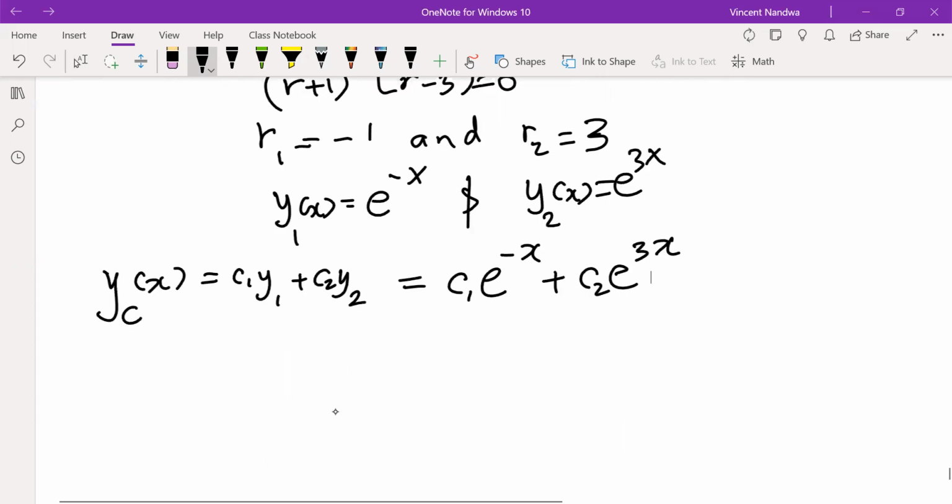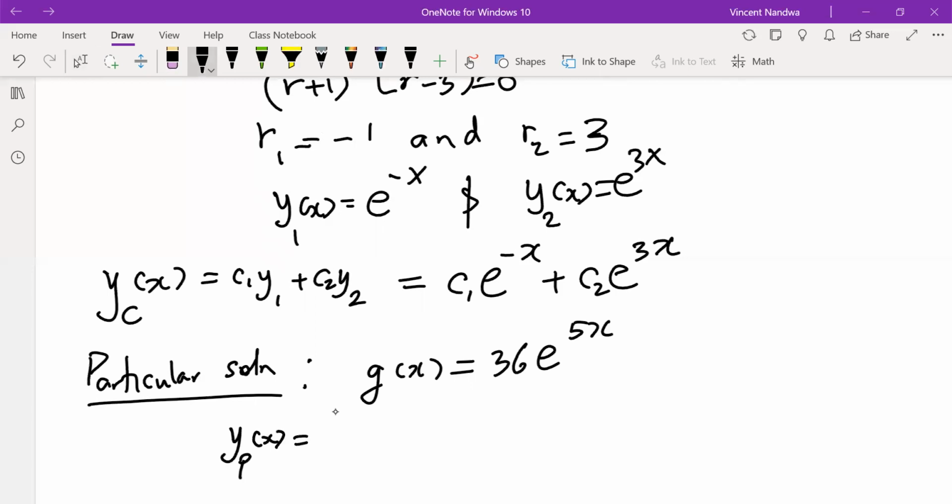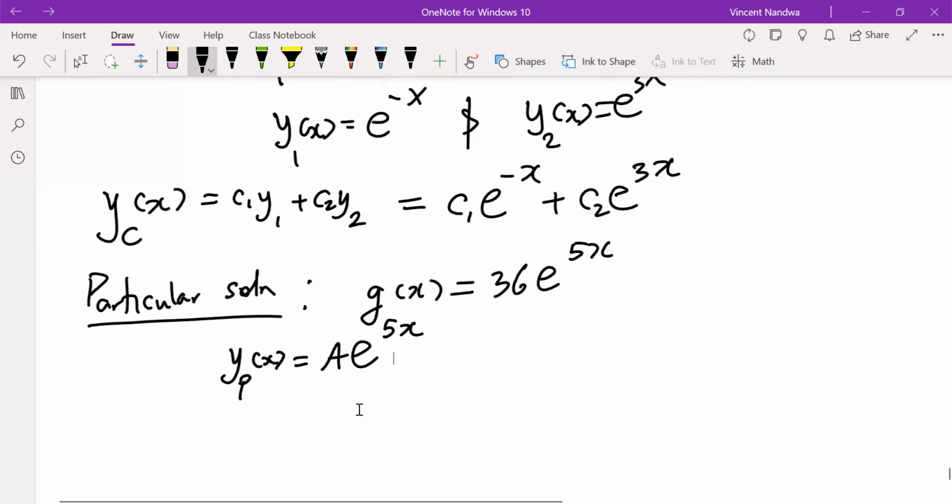So next step, we find the particular solution. Now the g of x in this case is given by 36 e raised power 5x. So the guess or the trial solution for yp should be a e raised power 5x, where we need to find the value of the constant a.